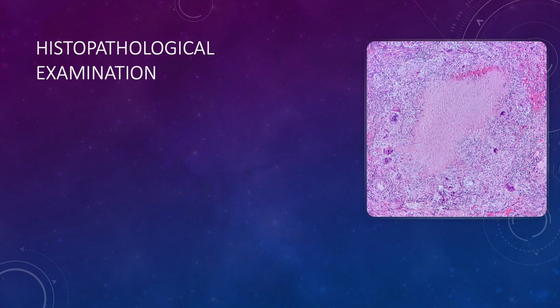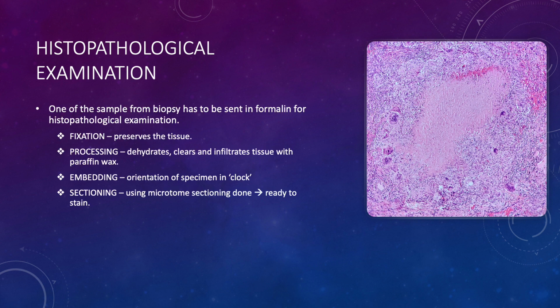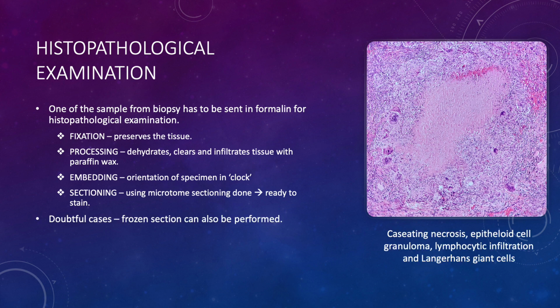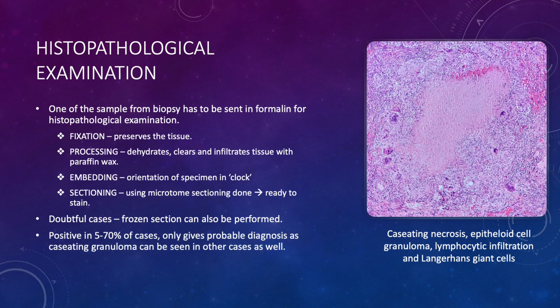Histopathological examination: as we are told, a part of the sample is sent in formalin for histopathological examination, which can be processed as I just mentioned. So we can detect caseating necrosis, epithelioid cell granuloma, lymphocytic infiltration, and Langhans giant cells. It can be positive in 50 to 70% of cases, but caseating granuloma is not pathognomonic of TB.